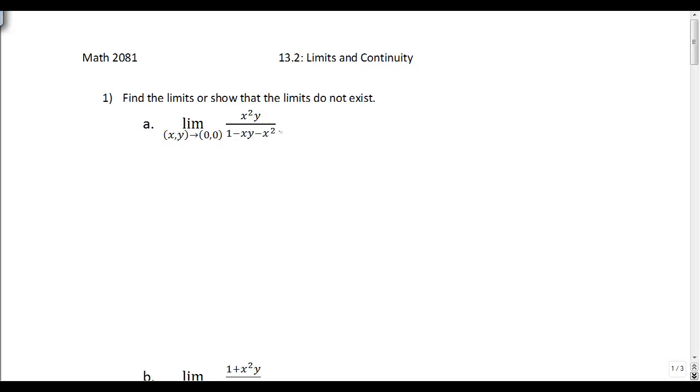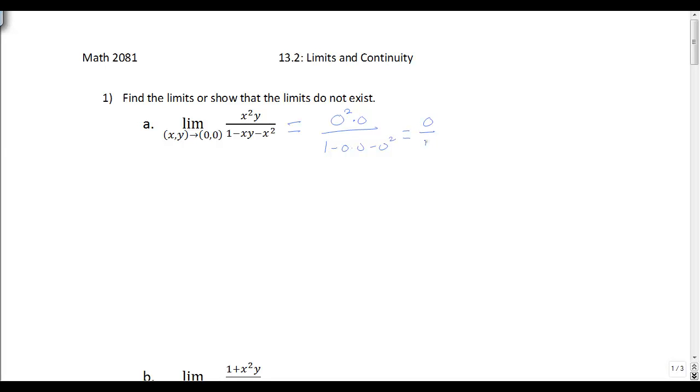Now, similar to when you have a one-variable function, the first thing you want to do generally is just try and plug in 0 for x, 0 for y, the corresponding x and y values, and see what happens. So here, if we do that, we get 0 squared times 0 over 1 minus 0 times 0 minus 0 squared.